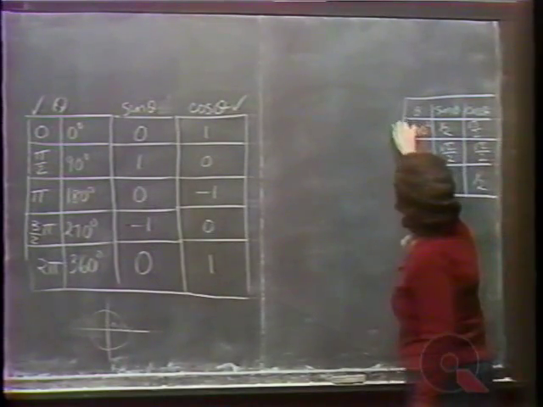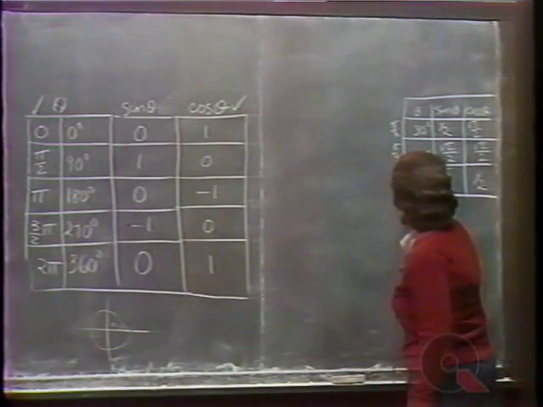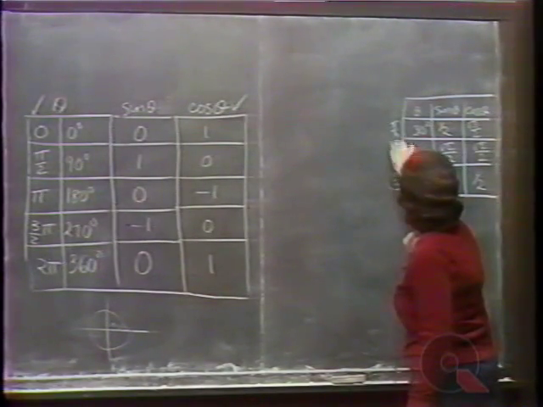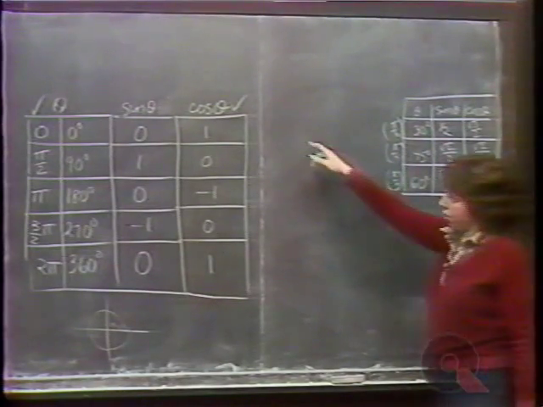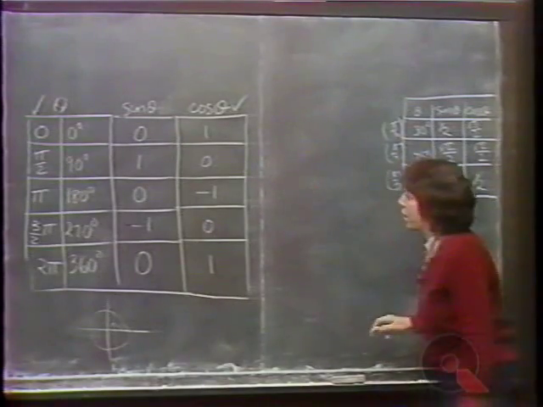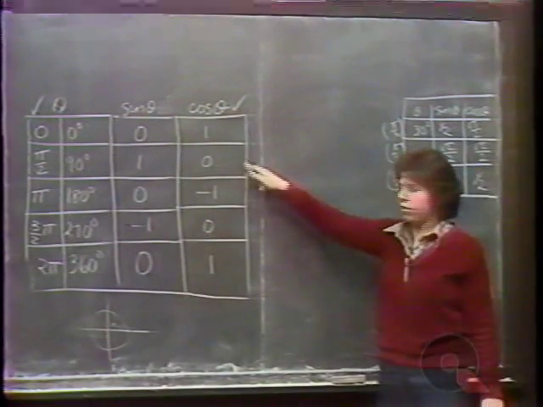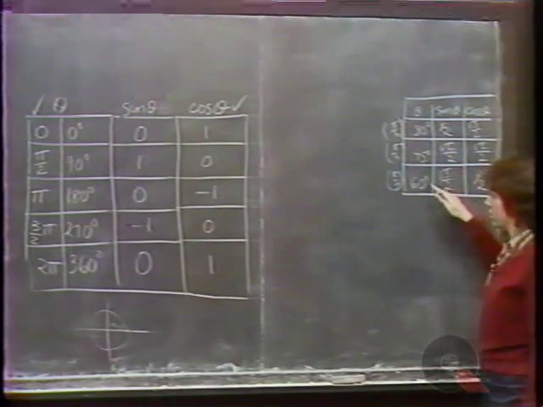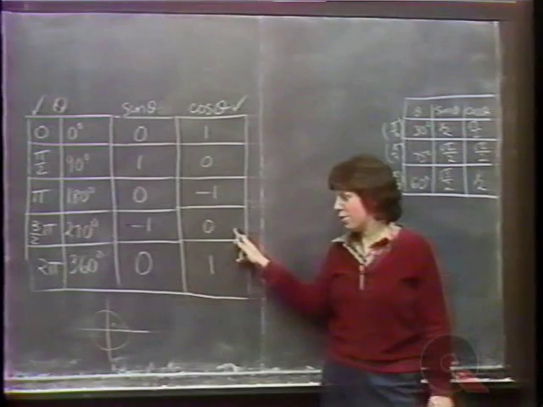By the way, this is pi over 6, pi over 4, and pi over 3 in radian measure. And we now also know certain others, 0 degrees and 90 degrees in particular. There's a neat way for remembering 0 degrees, 90 degrees, 30 degrees, 45 degrees, and 60 degrees. On 180 degrees and 270 degrees, you're just sort of on your own.